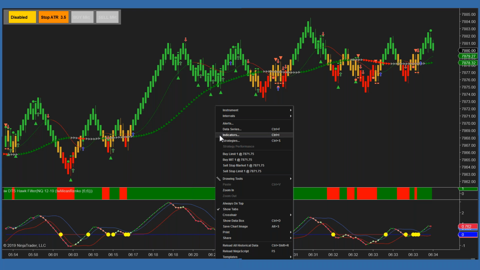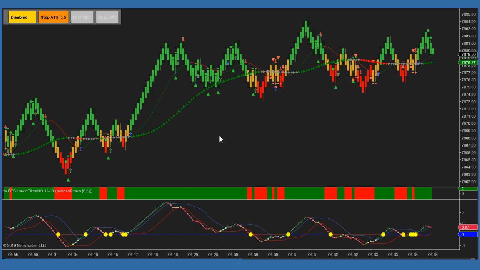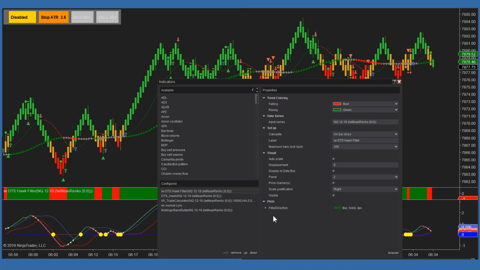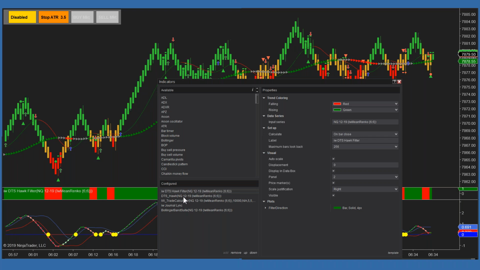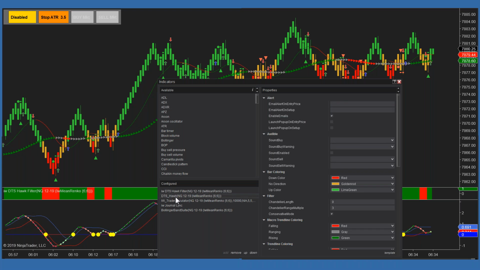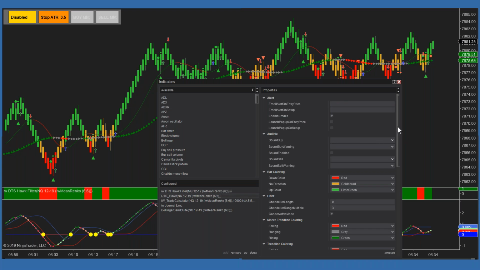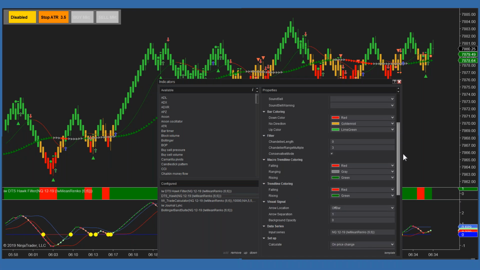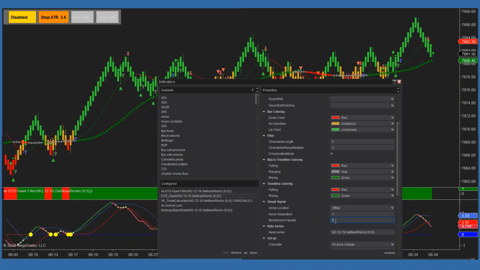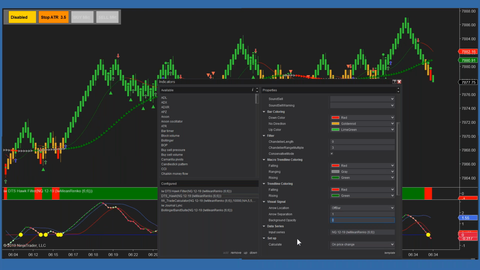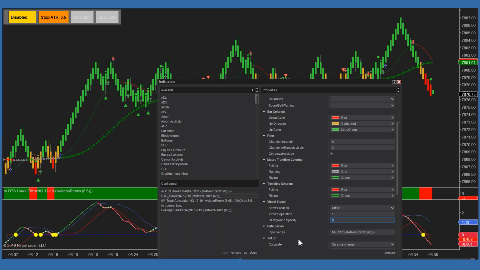You can do that by going to your indicators and finding your tool here. So your Hawk, highlighting that. And then you have to find where it says background opacity. You'll want to set that value at 0 to eliminate the background highlights.